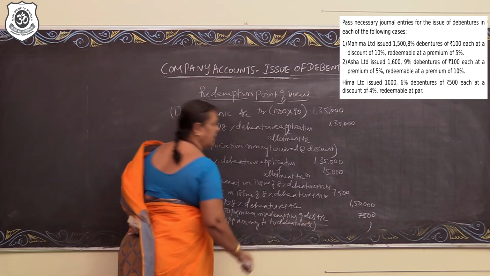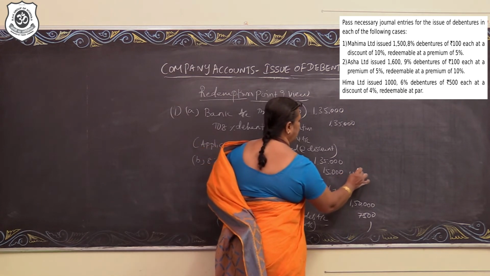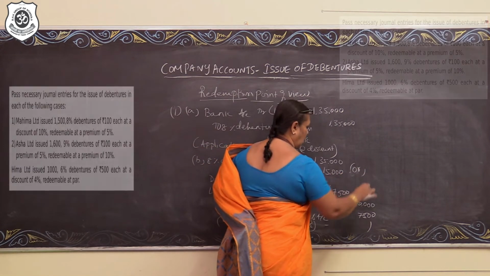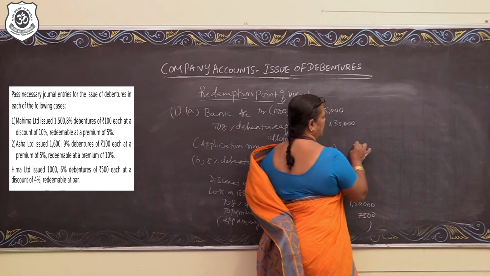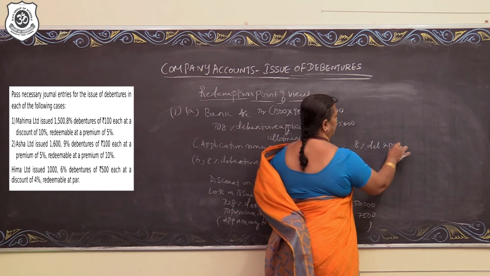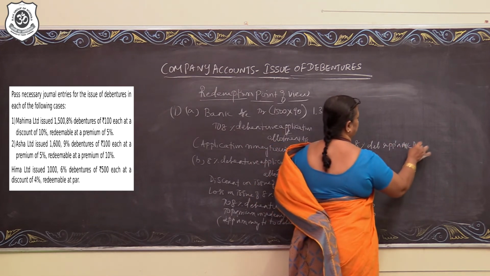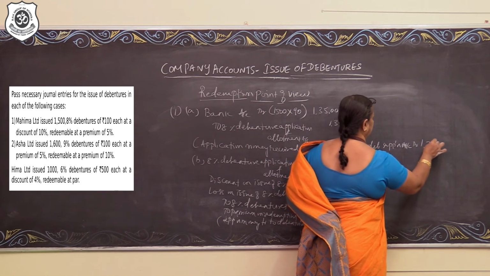Now, alternatively, for the same entry, I am just going to pass an alternative entry. 8% debenture application account debit is 1,35,000.